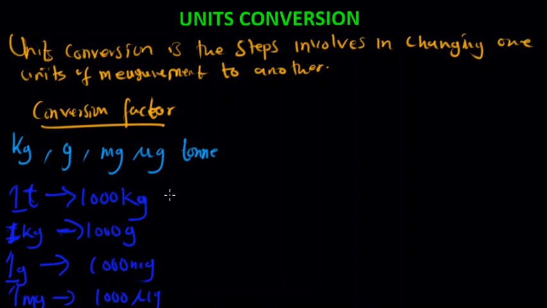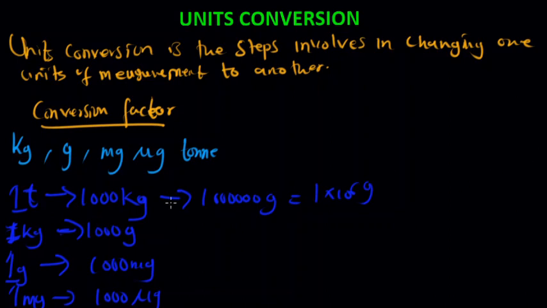Okay, so in terms of grams, what will be a ton? So 1 ton will be equal to 1 million gram, which is equal to 1 times 10 exponent 6 gram.